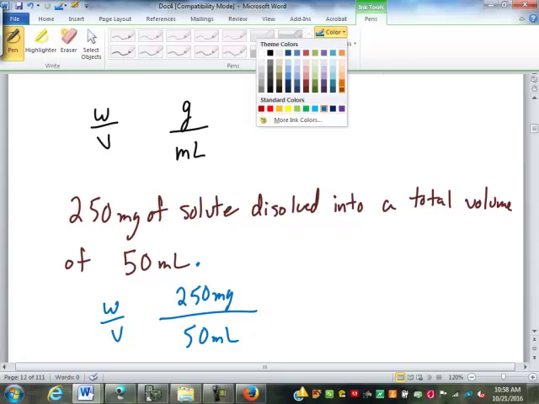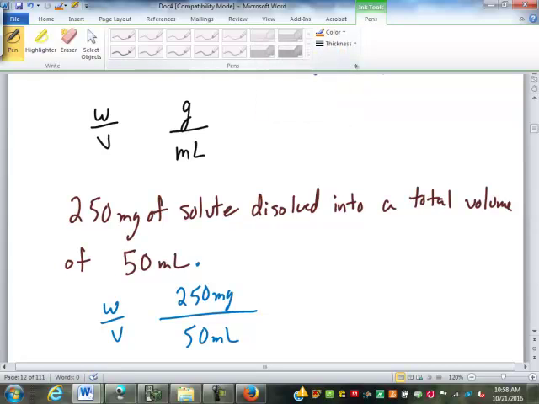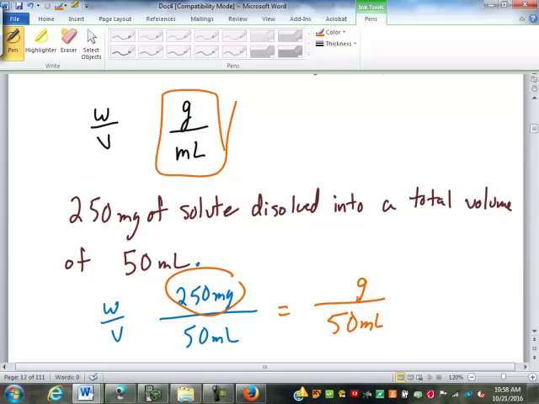And this is where it gets a little tough, because our mind so wants to match up milligrams to milliliters. But what has to match up with milliliters? Grams do. So the 50 milliliters we're going to leave alone, but that 250 milligrams needs to be converted to grams.